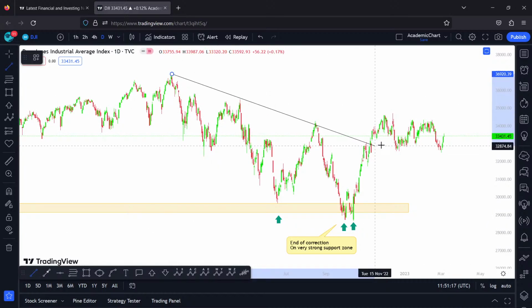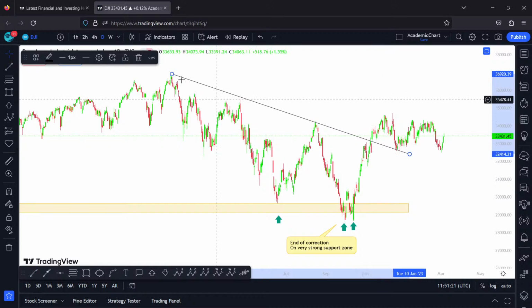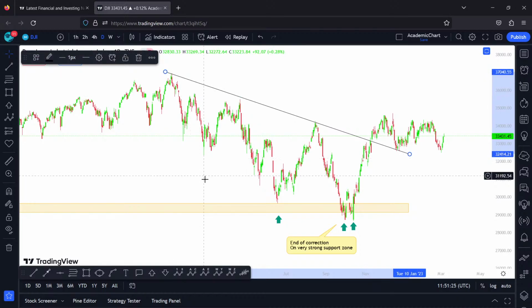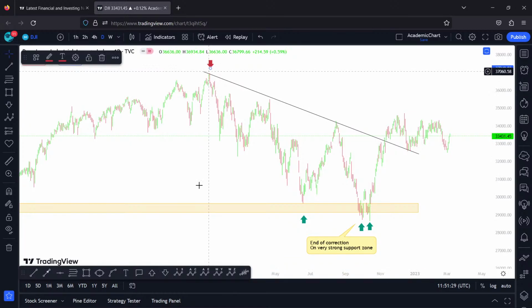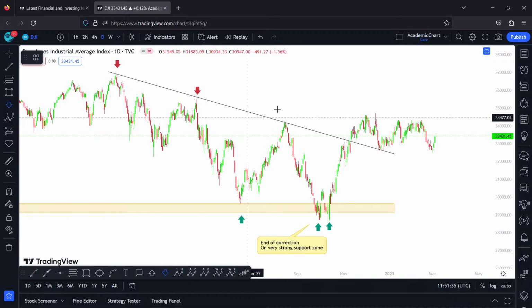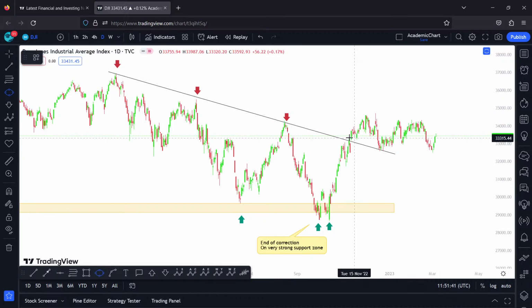I can draw a very nice straight line of this correction. And let's draw those red arrows again. Let's zoom in a little bit more. Add another one here. And I can see finally we had that breakout.